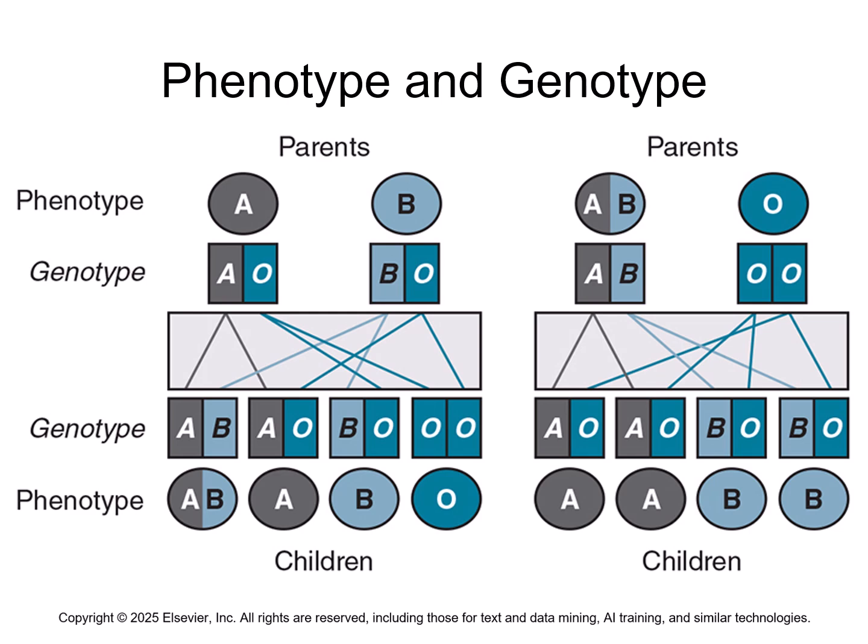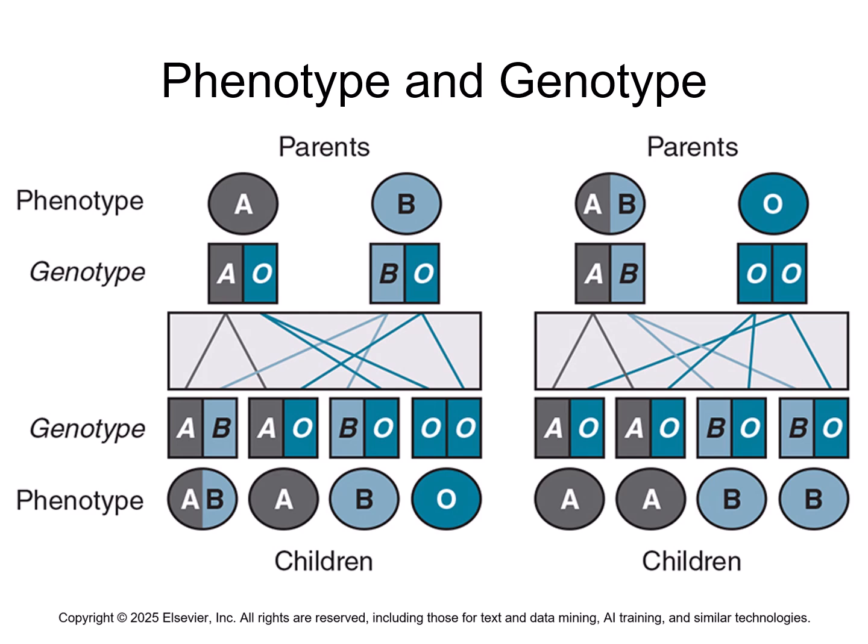In the second example, we see a parent with the phenotype AB and a parent with the phenotype O. The only phenotype for a genotype of AB is the phenotype of AB, and the only genotype of a person who has OO is O. So, with the combination of one parent having AB and the other one having OO, the only 2 phenotypic combinations are A and B, where all of the children would inherit an O from the type O parent.